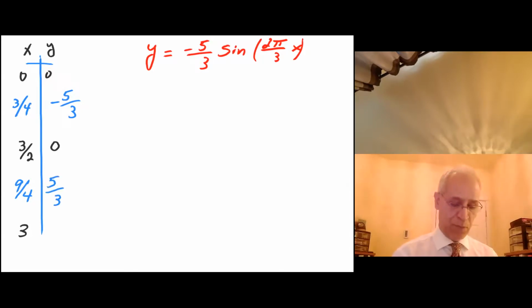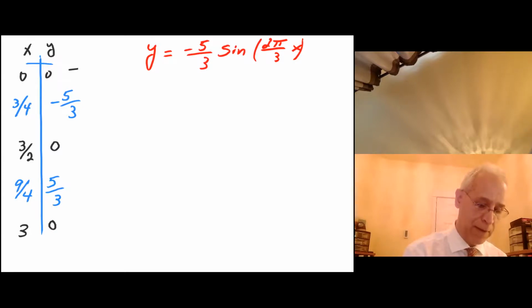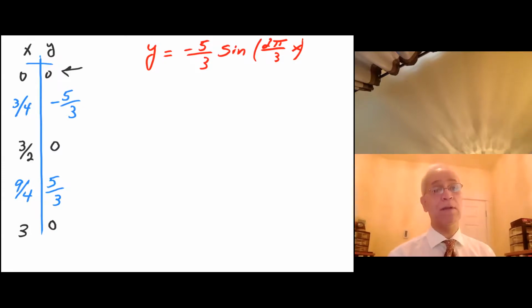And here my guess is that when I plug in 3 for x, I should end up at 0 again, because I have gone one complete cycle. So let's do that. If I plug in 3, 2 pi over 3 times 3 is 2 pi. Sine of 2 pi is 0. 0 times -5/3 is 0.